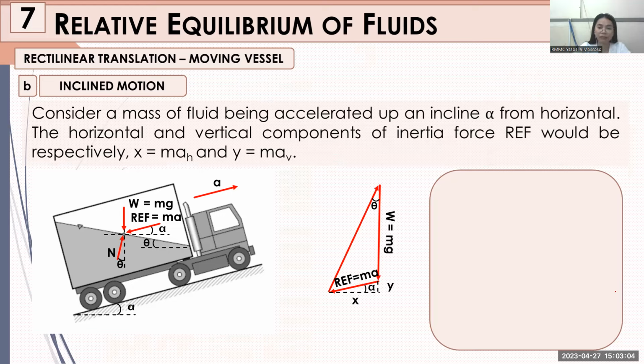Nadagdagan lang tayo, it's because incline na yung plane natin. Okay? So kunin natin yung angle theta using SOHCAHTOA, which is tangent theta. Tangent, that is opposite over adjacent. Okay? That is x over w plus y.